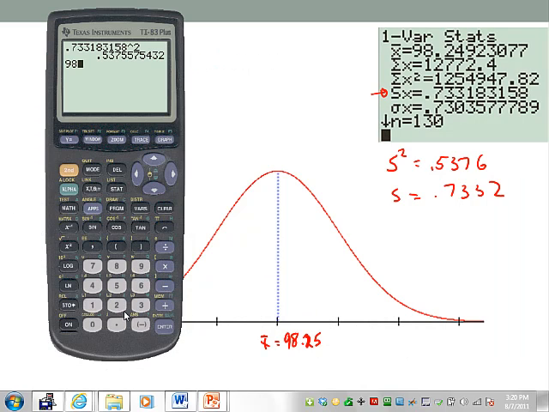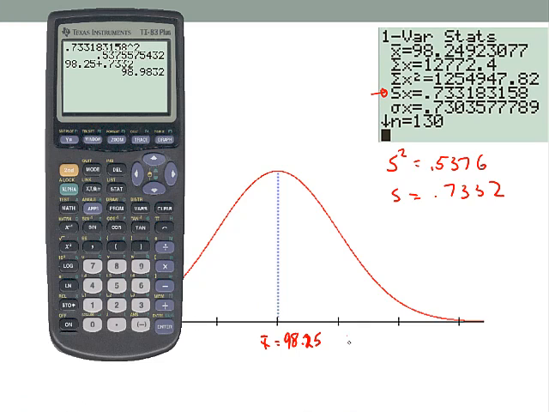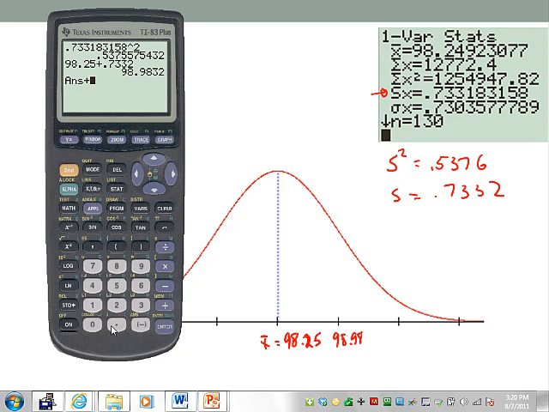So 98.25 plus 0.7332. That's 98.98. 98.98 plus another 0.7332 is 99.72.